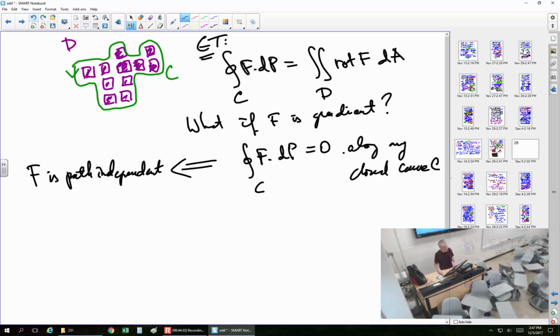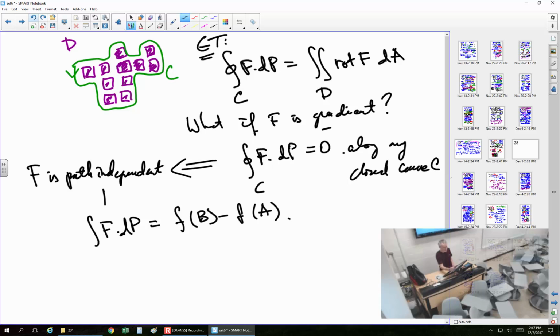So it is path independent, and so generally speaking, we then conclude, as we have, that my line integral will be, in fact, not circular anymore. The integral of F dP is f of b minus f of a.